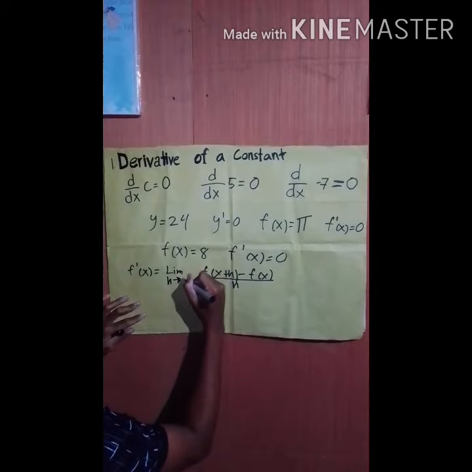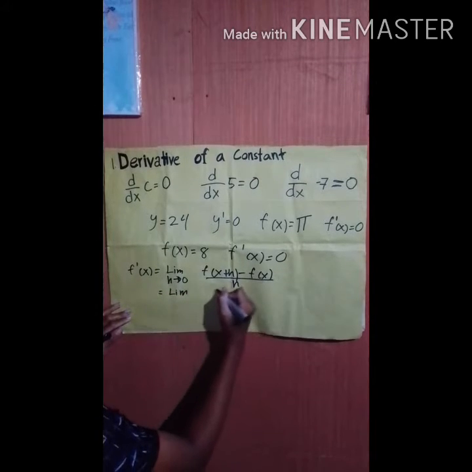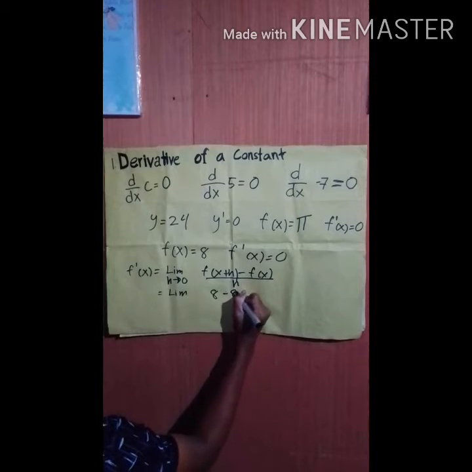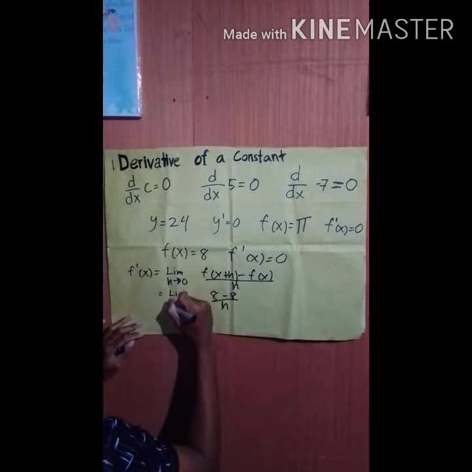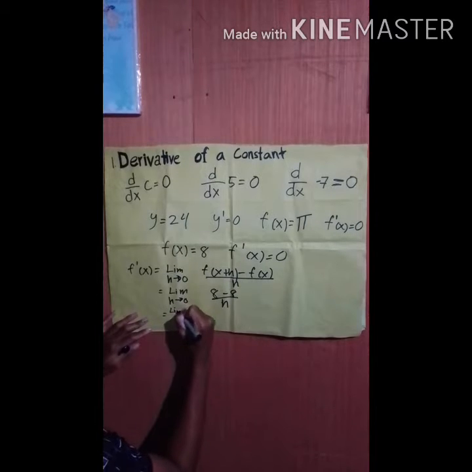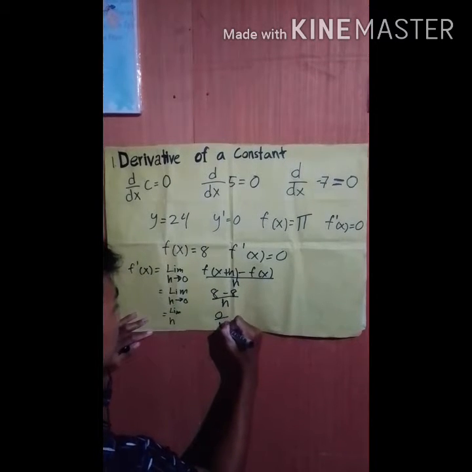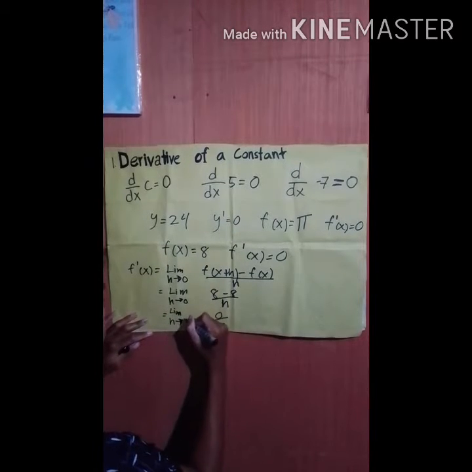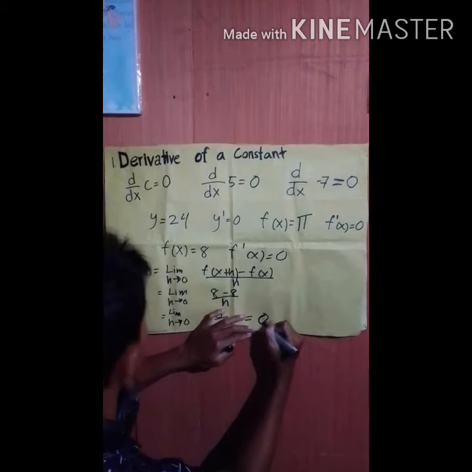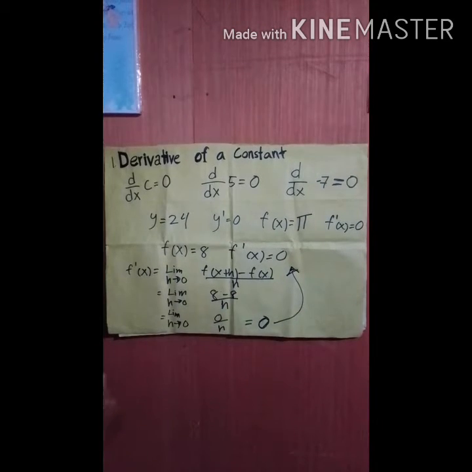For the function 8, we get 8 minus 8 over h as h approaches 0. 8 minus 8 is 0, so we have the limit as h approaches 0 of 0 over h. 0 divided by h is 0. So the derivative of any constant is 0.